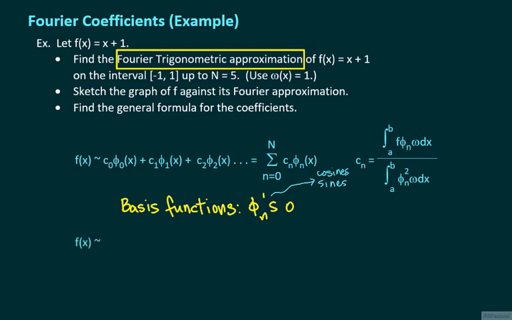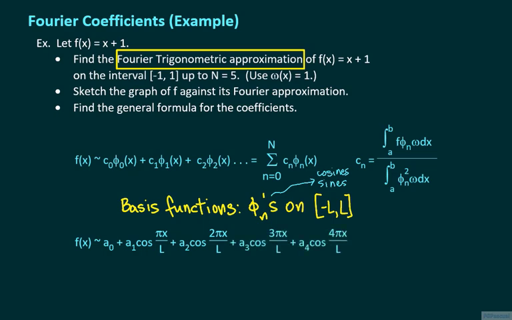For a Fourier trigonometric approximation over the interval from -L to L, we have f of x is approximately equal to a sub 0 plus a sub 1 times cosine pi x over L plus a sub 2 times cosine 2 pi x over L, and so on.